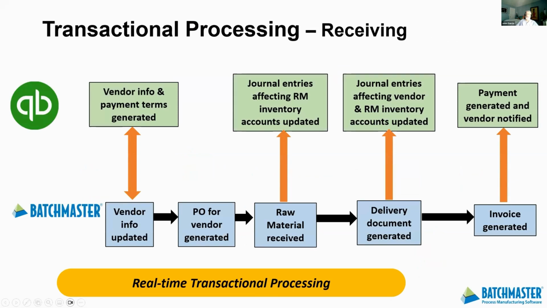So it's procure to pay is part of this, obviously, and we'll take vendor information between both systems, but then BatchMaster is the one that executes the PO receiving, the inventory updates, and we're going to be updating QuickBooks in those particular journals. And then finally, the invoice generated. And you could finish up on the AP and the invoicing procedure in QuickBooks.